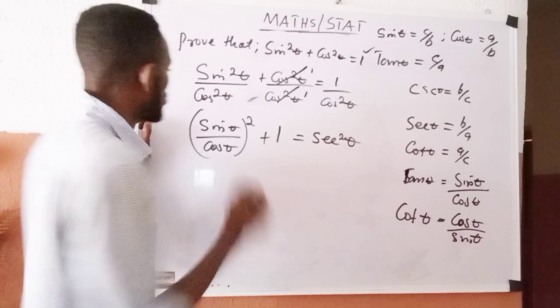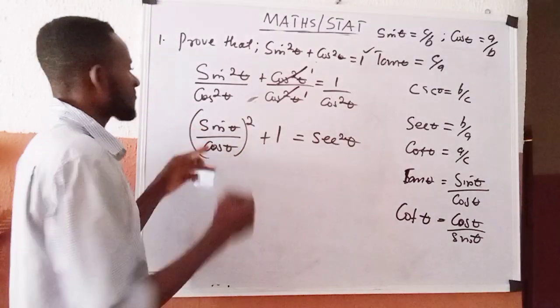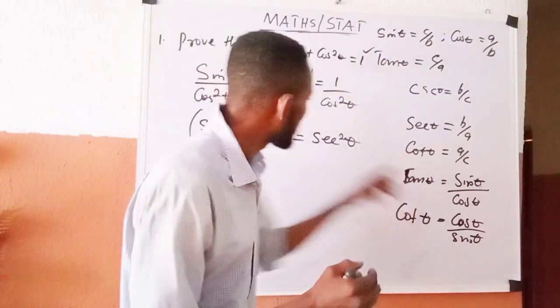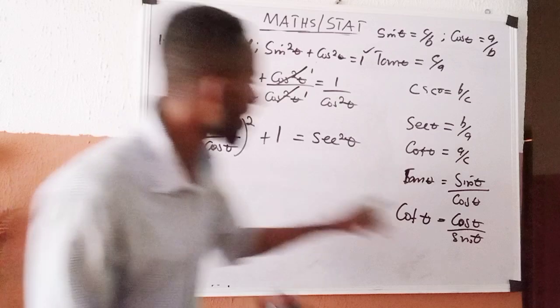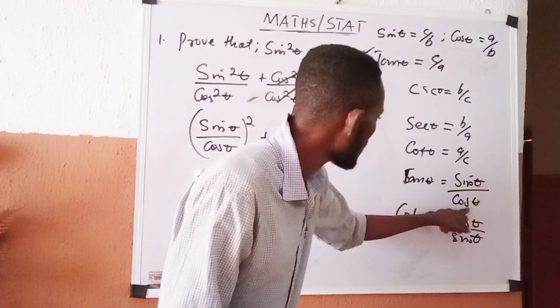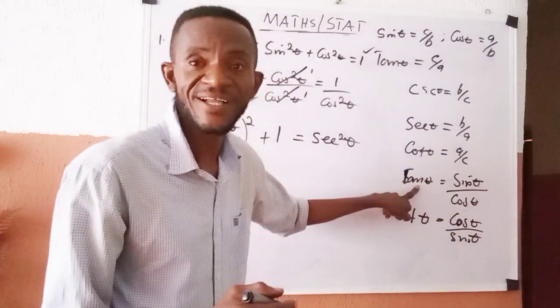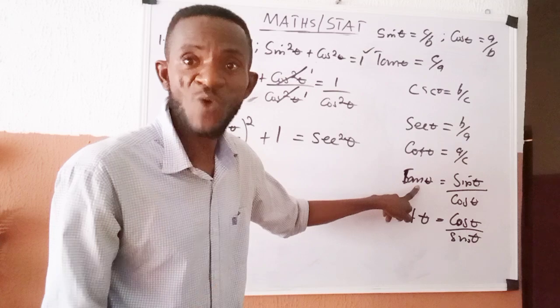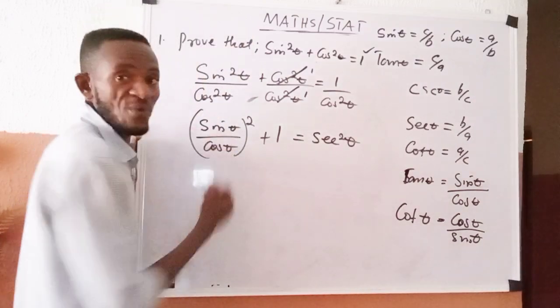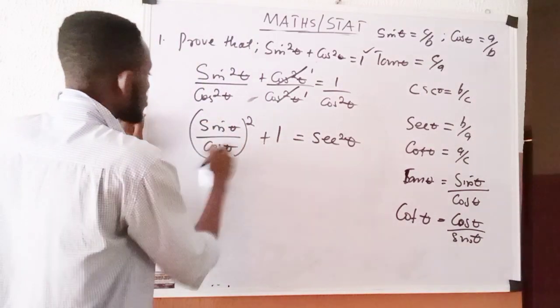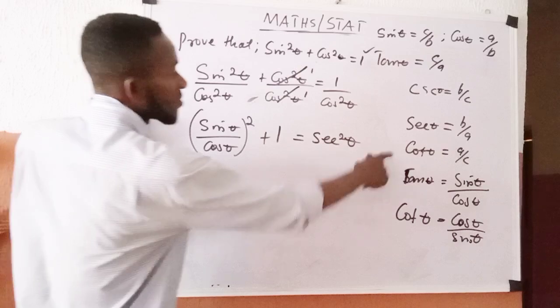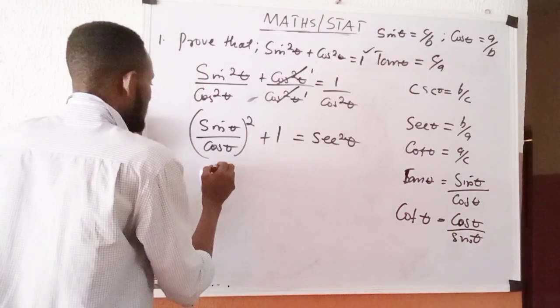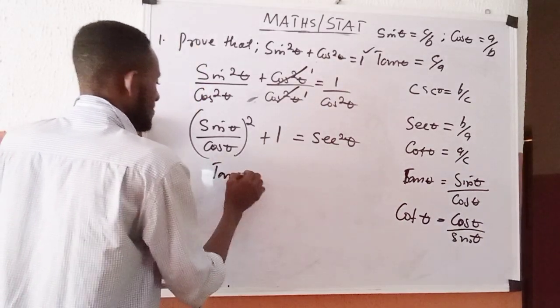So what do we do when we come here? Of course, we now begin to look. Here is sine theta all over cos theta, and we know that sine theta all over cos theta is tan theta. So in place of this sine theta over cos theta, I am going to write tan theta.